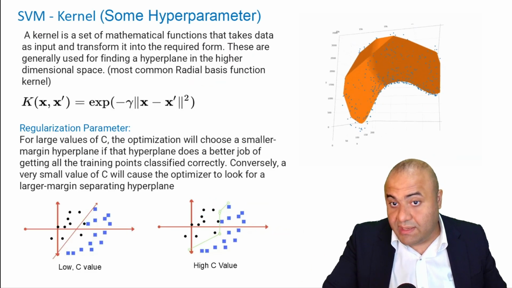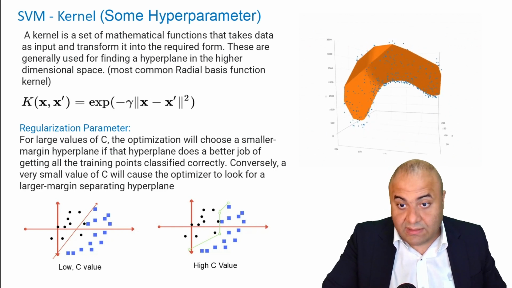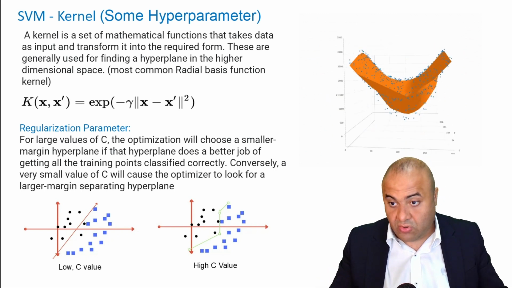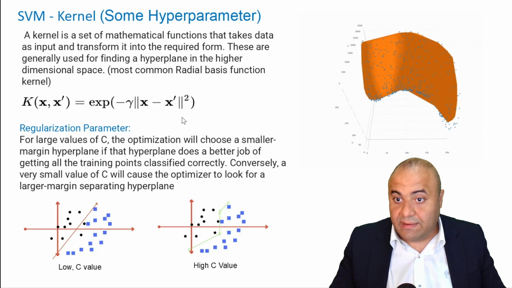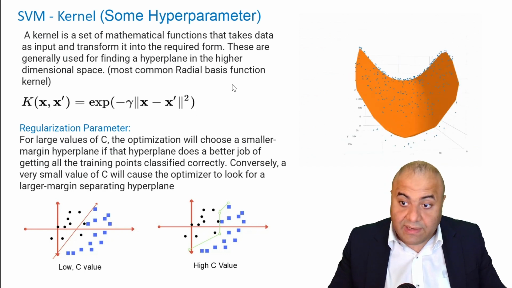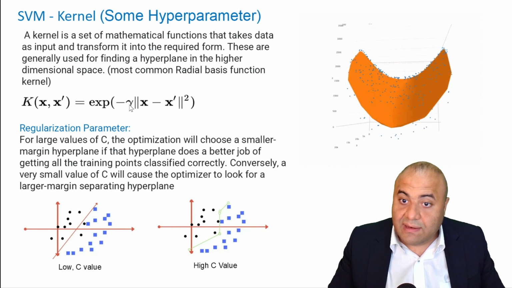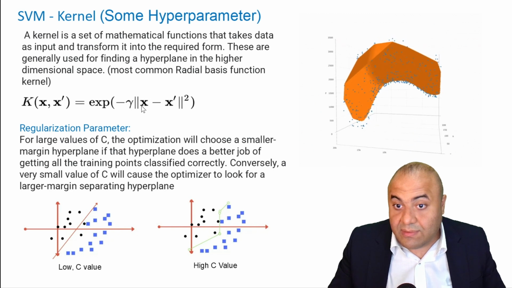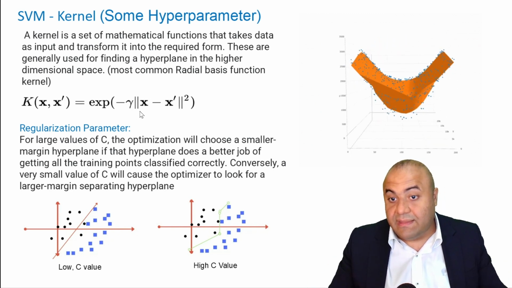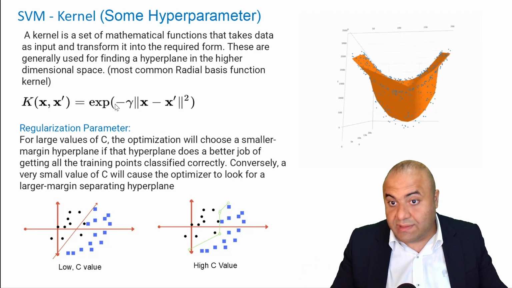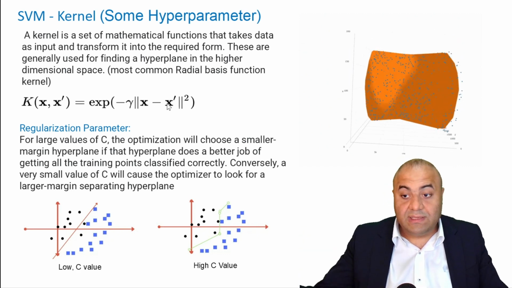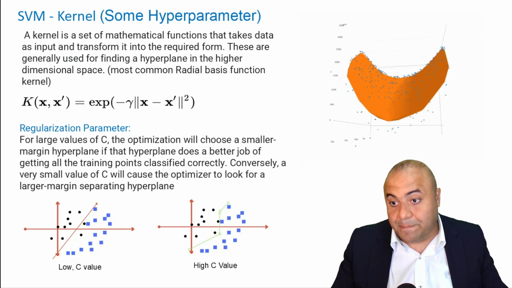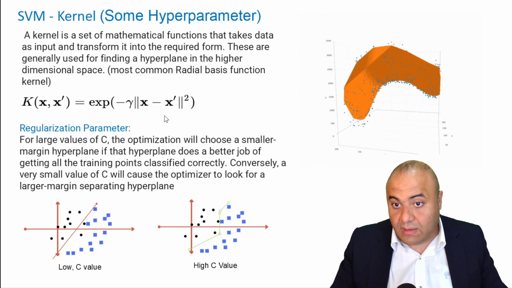Now there are many kernels. One of the most common kernels is the radial basis function, and the radial basis function has a value of gamma, and this value of gamma relates x, which is our current point, with x prime, which is the other points.